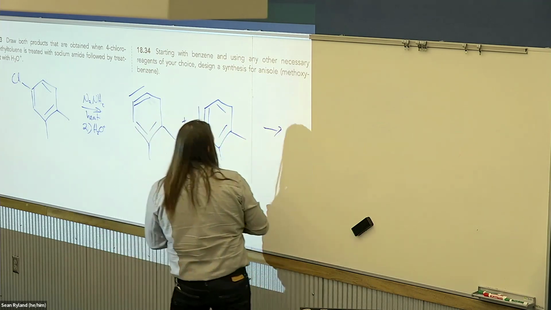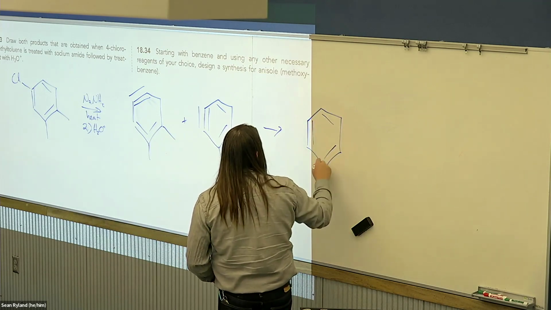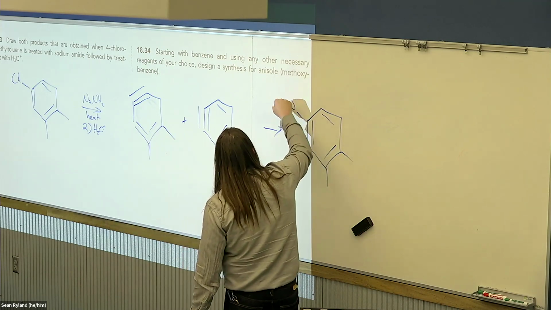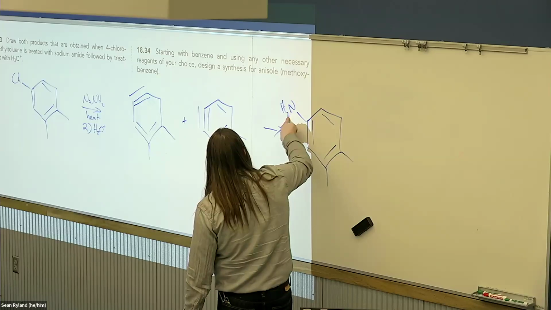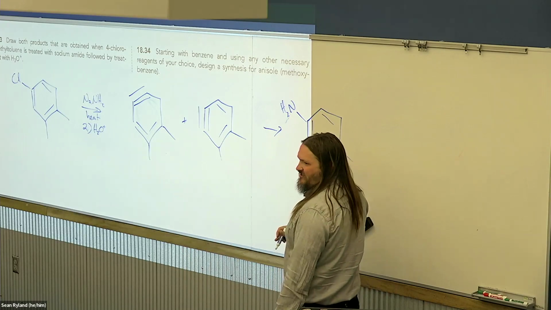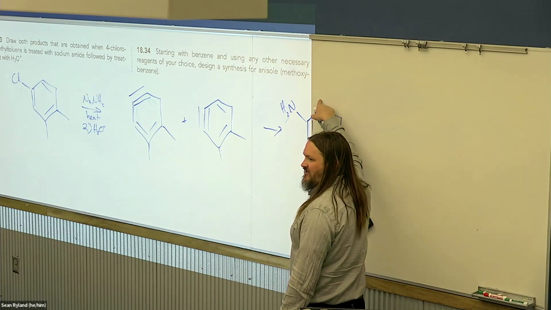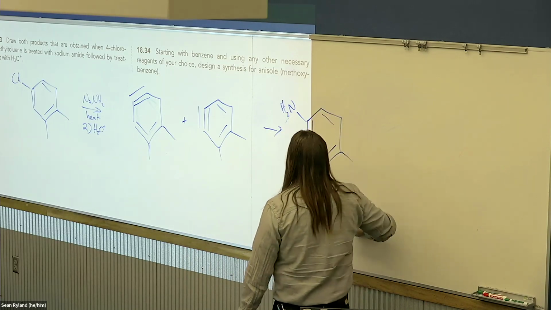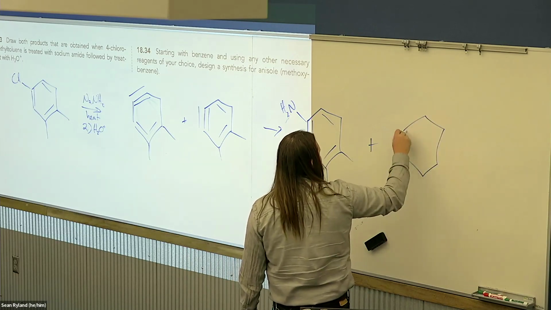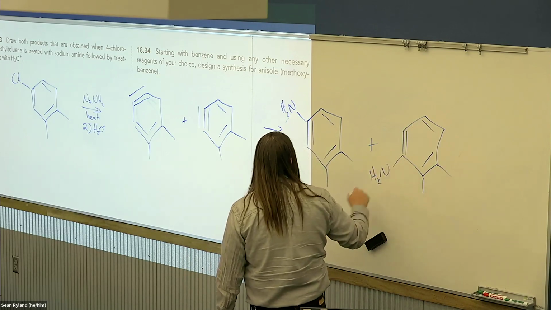So we're going to get one product where our amine is meta to one methyl and para to the other. If we put it here, it's also meta to one methyl and para to the other. So then the other product we could get, like that.